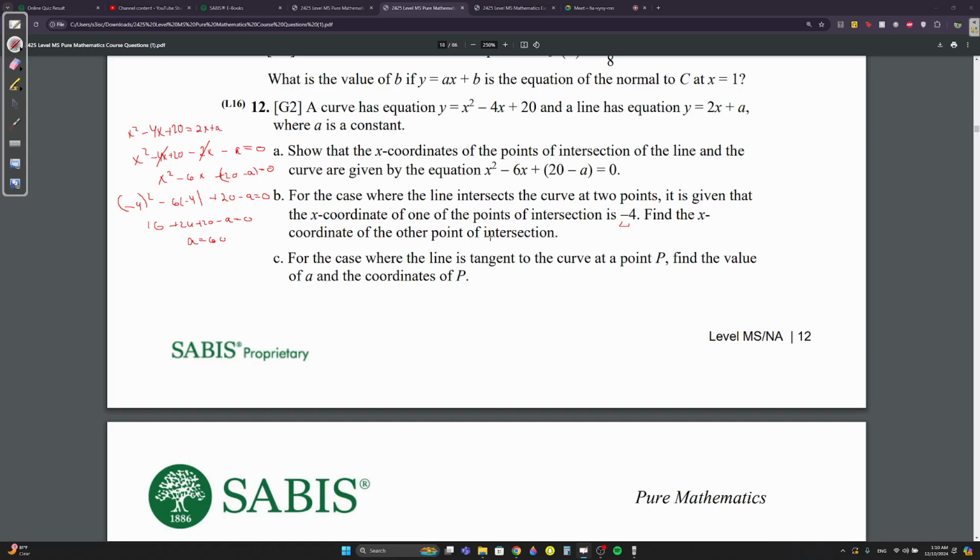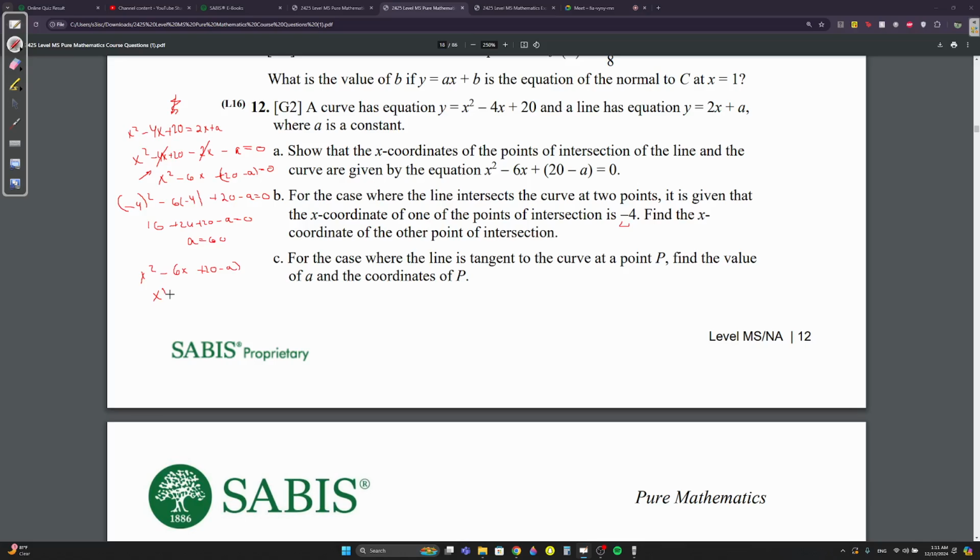They don't want a, but they want the other x. So now I can go back here to x squared minus 6x plus 20 minus a, the one we got in part A. And I can substitute a as 60.